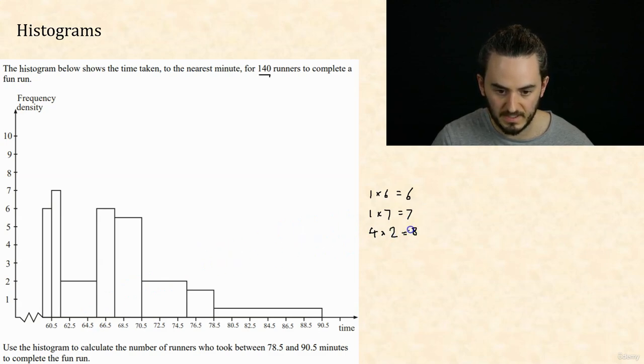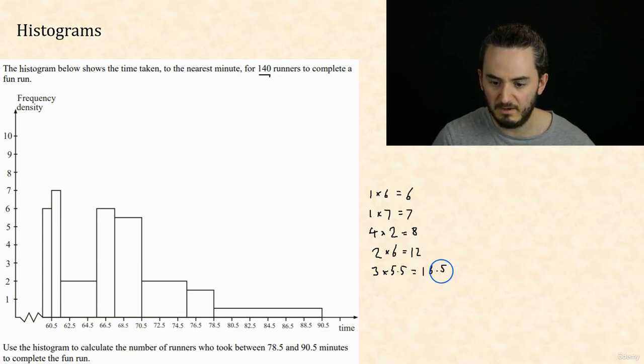So that's 8 there. This one here has a base of 2 and a height of 6. So 2 times 6 is 12. The next one has a base of 3 and a height of 5.5. So 3 times 5.5 is 16.5.